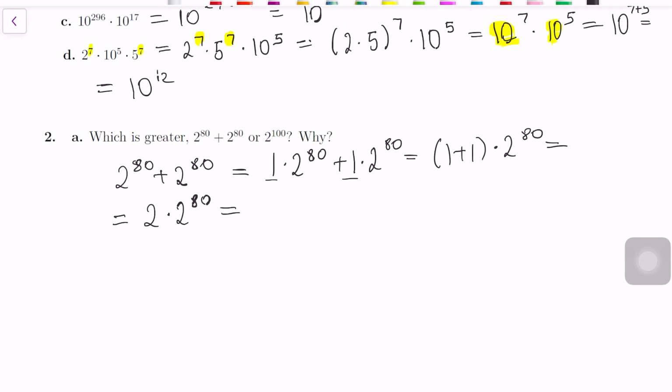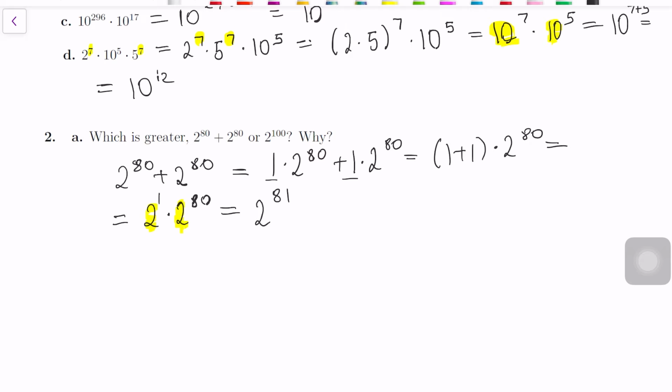And now remember, 2 is the same as 2 to the power 1, so I can write this power 1. And now we do have base-like expressions that we're multiplying. So now I can write that combined I have 81 factors of 2, right? Because I'm adding the powers.